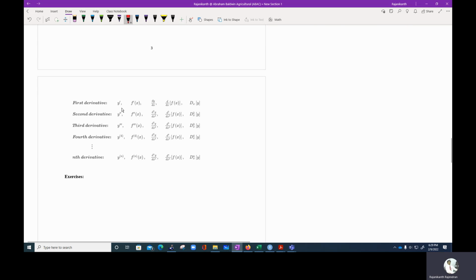These are the notations you could use for the derivative. We discussed all this last time, right? The first derivative of function y is given by y prime, or f prime, or dy over dx, or d over dx of f of x, or D sub x y. You could use any notation to denote the derivative of the function y equals f of x. Now, the second derivative is the derivative of the first derivative.